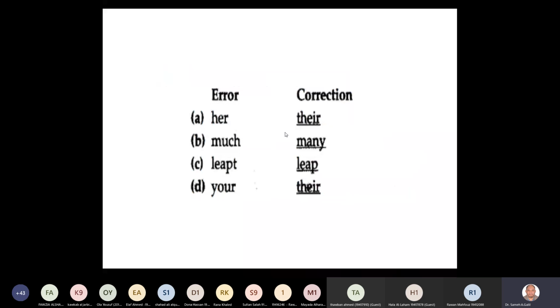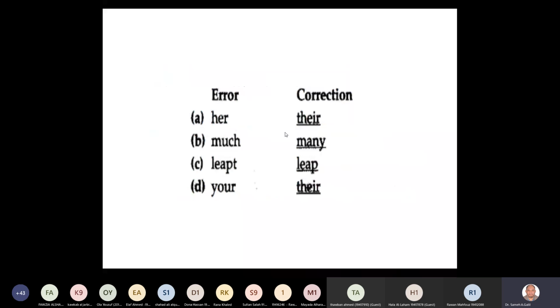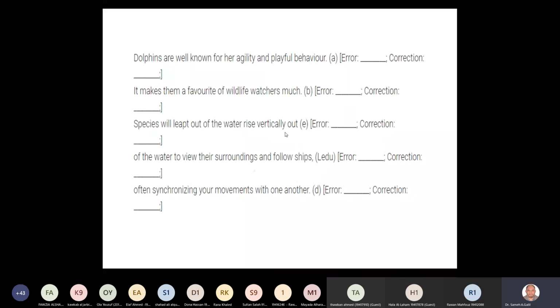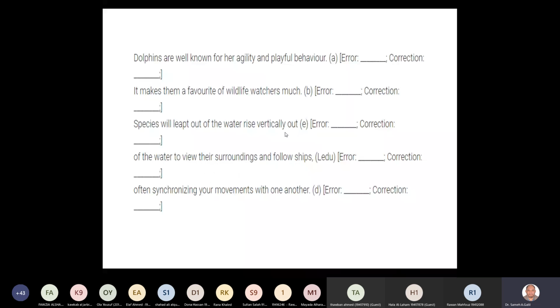Okay, so we have there: dolphins are well known for their... you know something, what I was thinking of was perhaps an extreme interpretation. You can keep it.